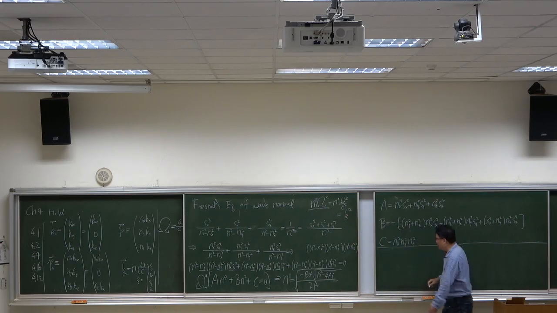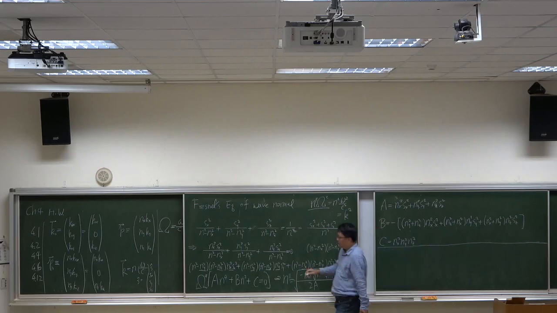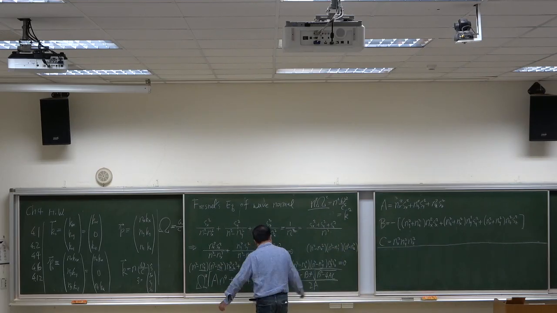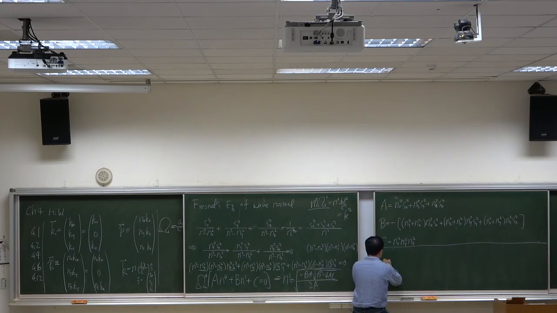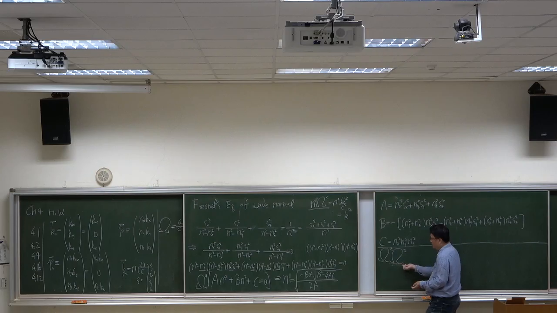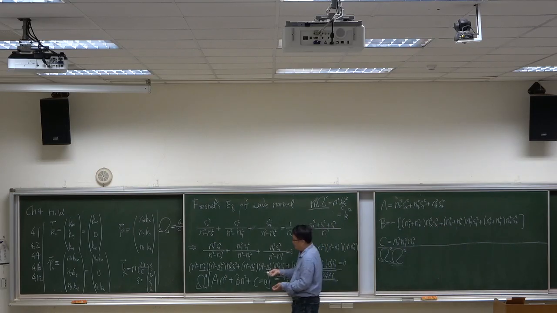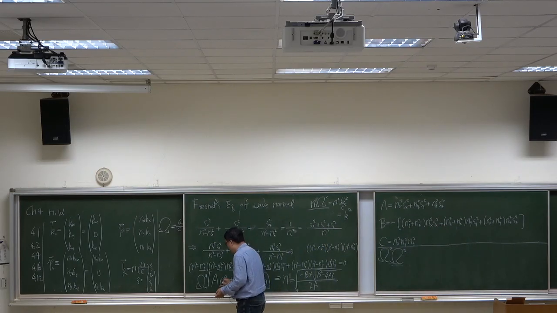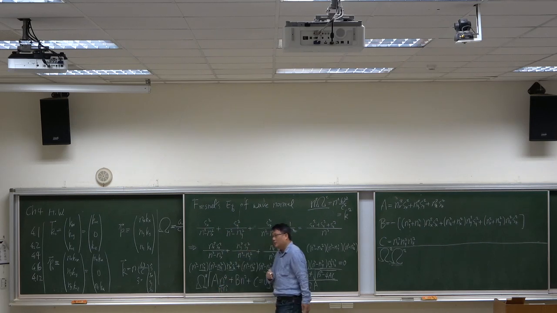Okay, so we can treat the fourth power of omega as omega squared times omega squared, and we can treat the n fourth power as n squared times n squared.